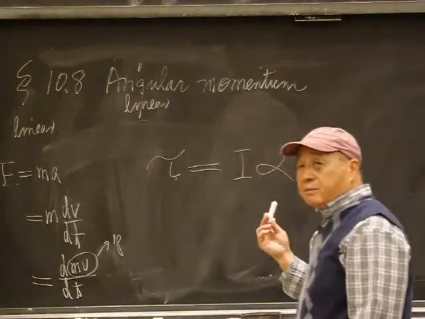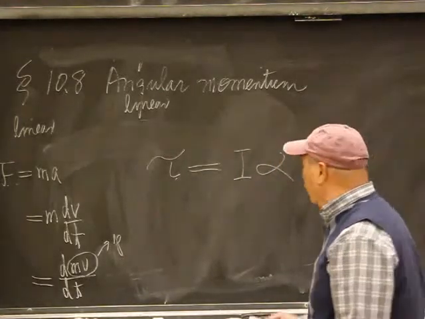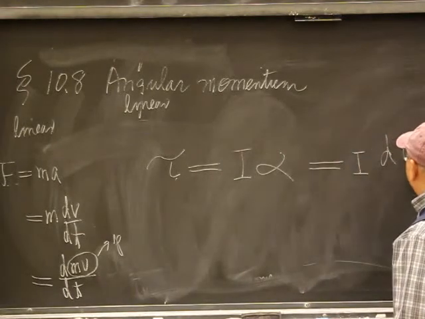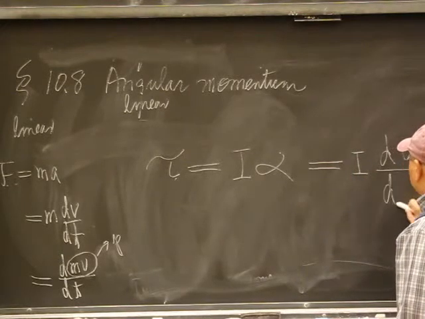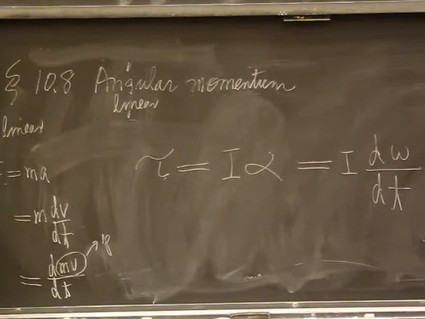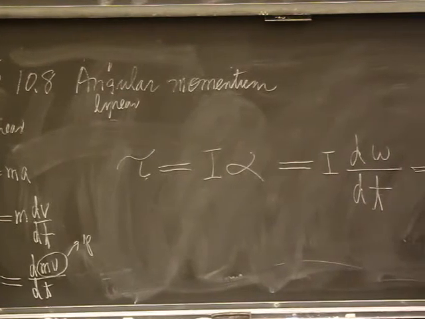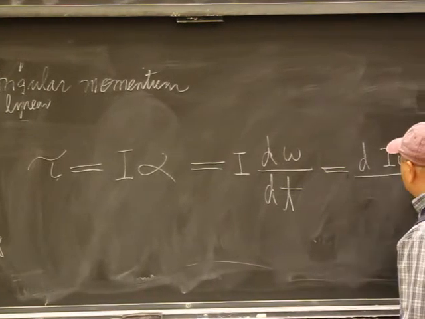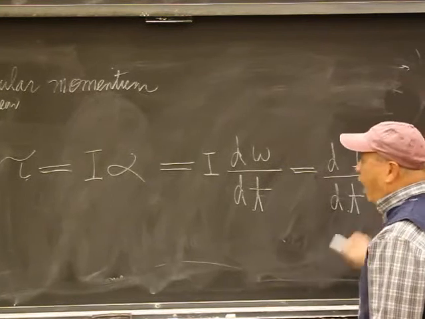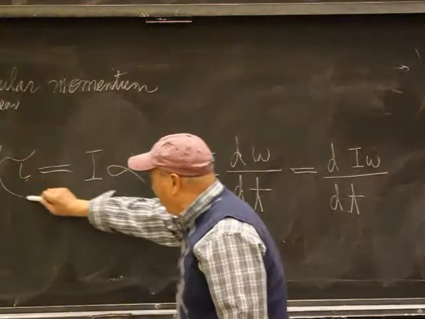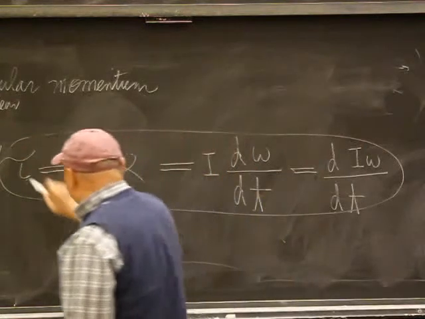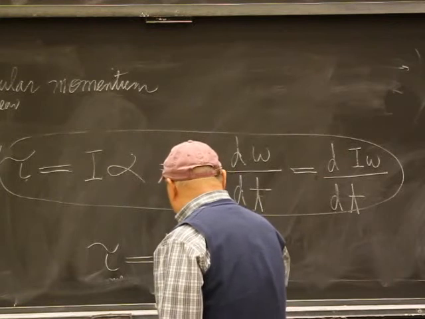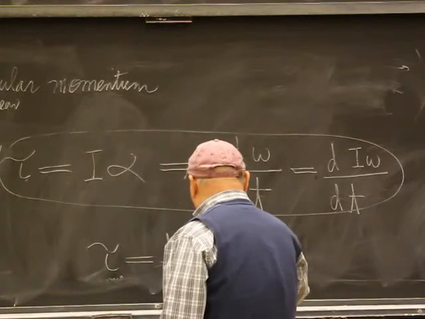So torque is equal to I times alpha, as section 10.7 tells us. Then why don't we do this? Alpha equals d omega/dt, and then we have d(I omega)/dt. Look, here is tau. So tau is equal to d/dt of I omega.